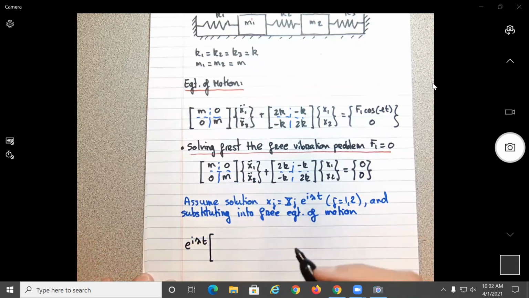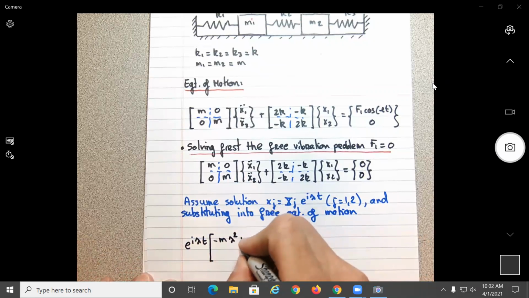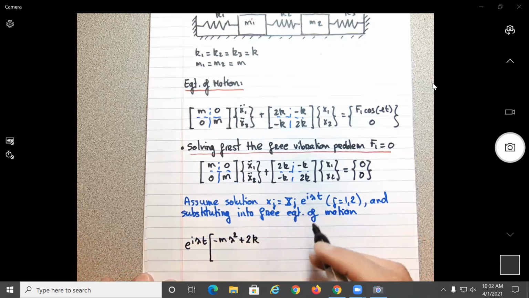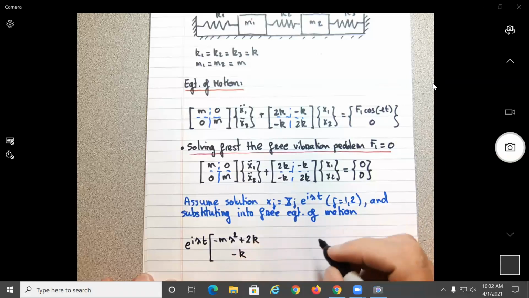So we get again minus m lambda squared plus 2k, minus k.